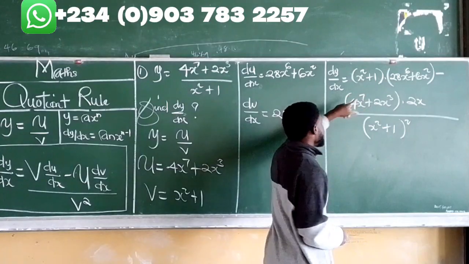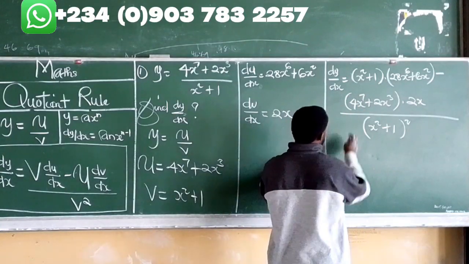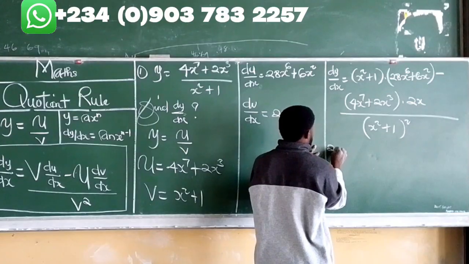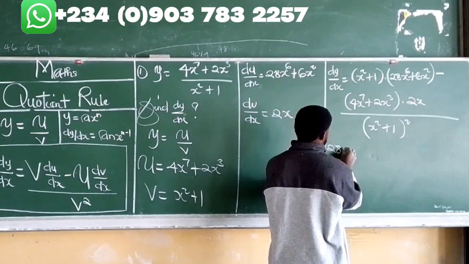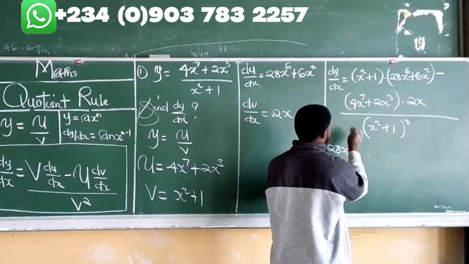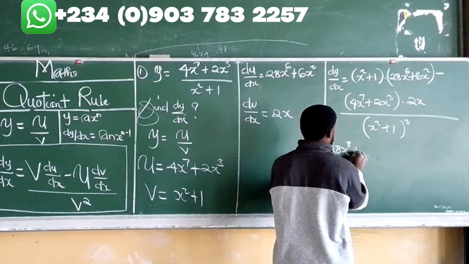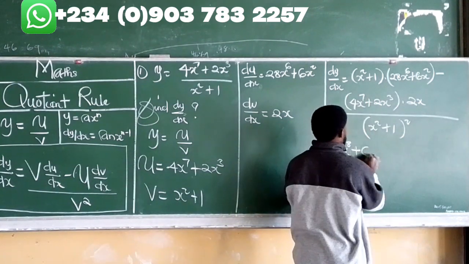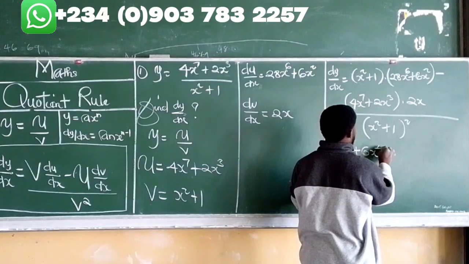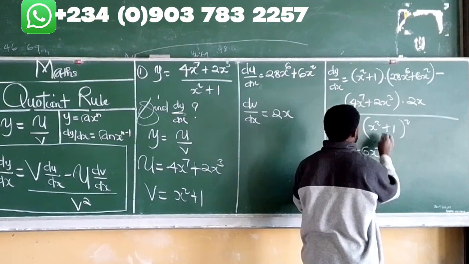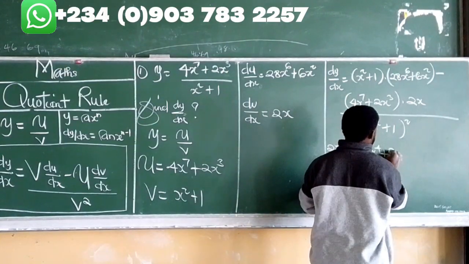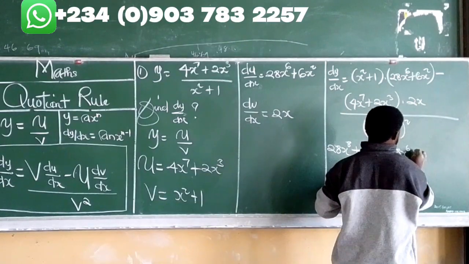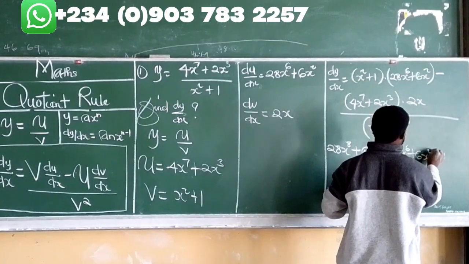From the numerator, x squared times this will give me 28x raised to the power of 8 plus x squared times this will give me 6x raised to the power of 4 plus 1 times this is 28x raised to the power of 6, and 1 times this plus 6x squared.